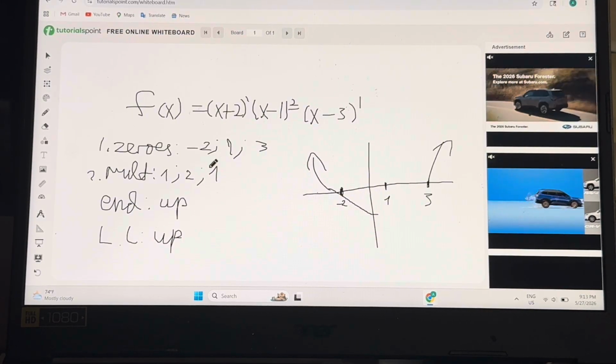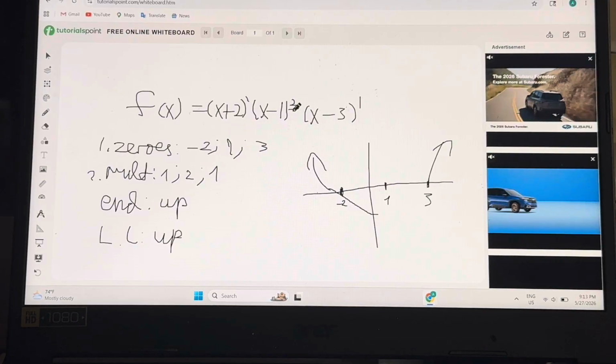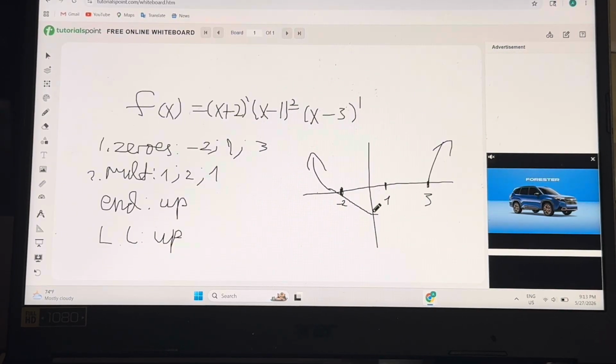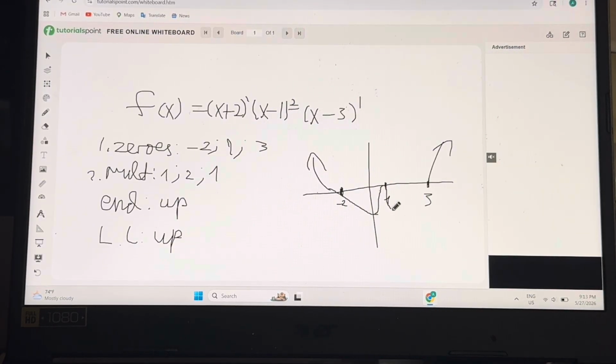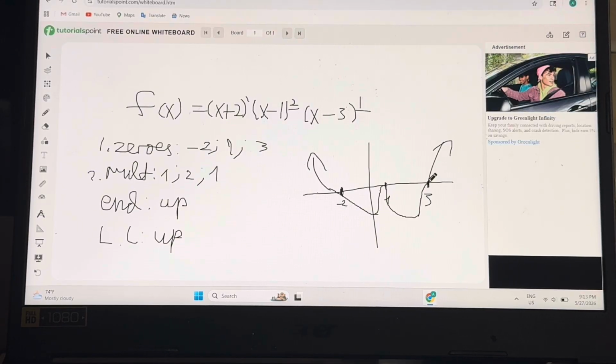Well, the zero is 1, so is the multiplicity odd or even? It's clearly even. So what it means is we bounce off that spot. And now x minus 3. When x equals 3, is the multiplicity odd or even? It's odd because it's a 1. So it just goes through. So this gives us a much more accurate graph than just simply guessing if it's going to go up, down, sideways, anything.